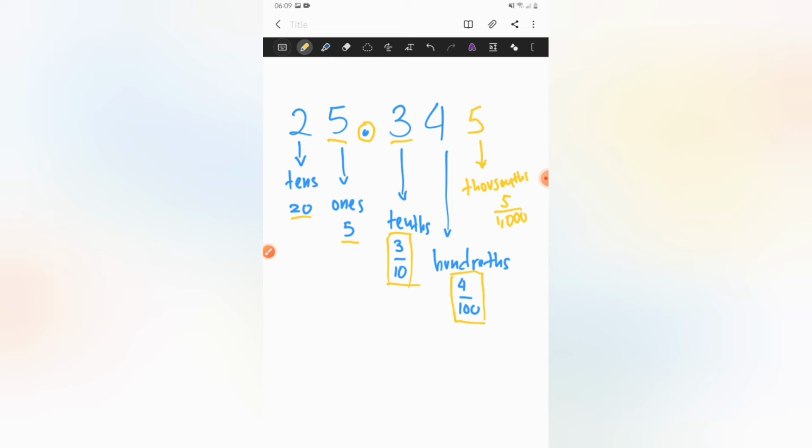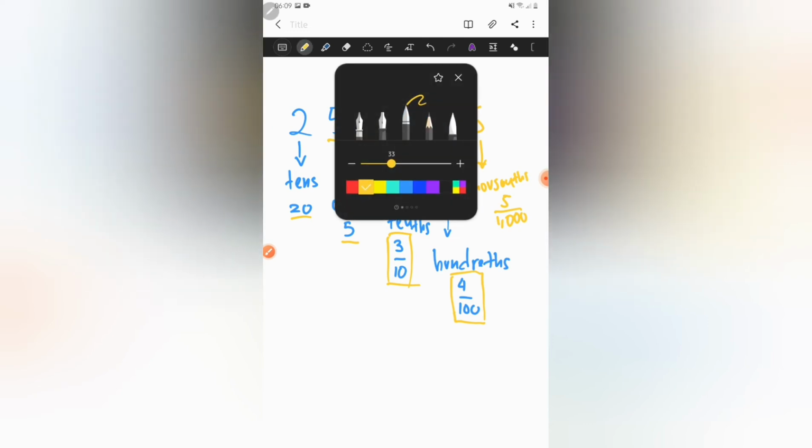So I'll give you another example of this. Let's make another decimal number. I'm going to scroll down and let's make another one.